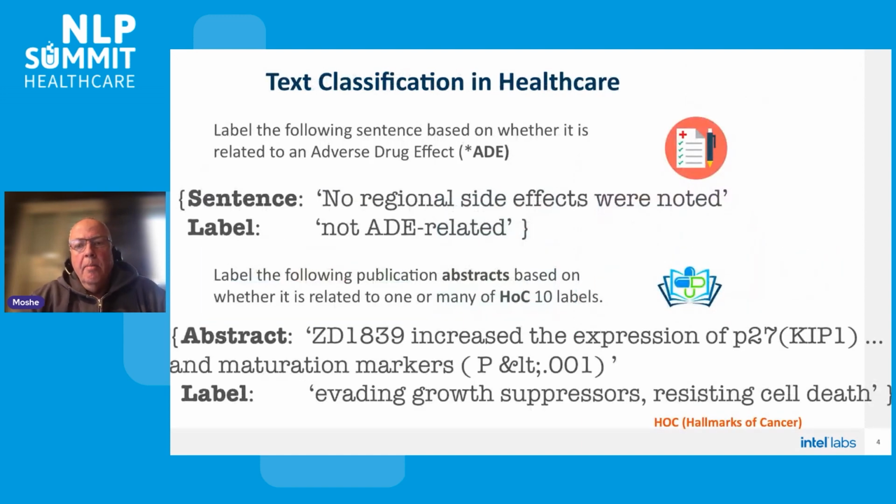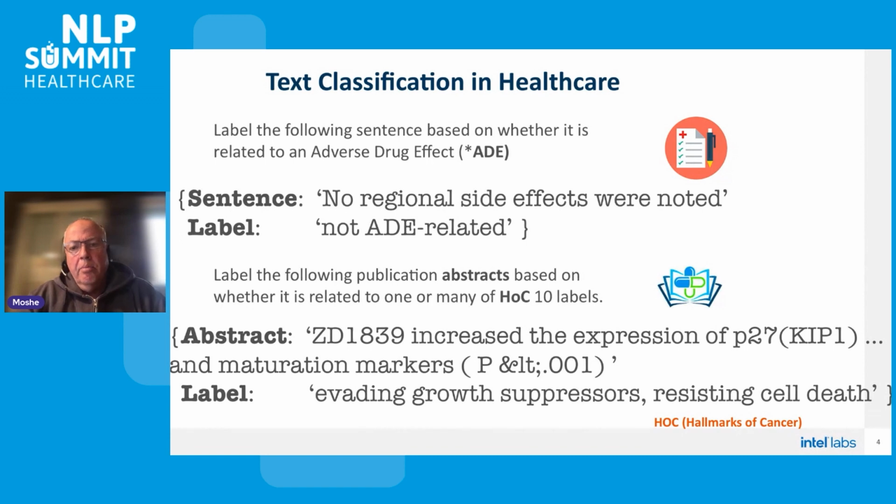Let's see 2 examples in the healthcare domain. The first one is we need to label the following sentence based on whether it is related to an adverse drug effect, ADE. An adverse drug event is defined as harm experienced by a patient as a result of exposure to a medication.